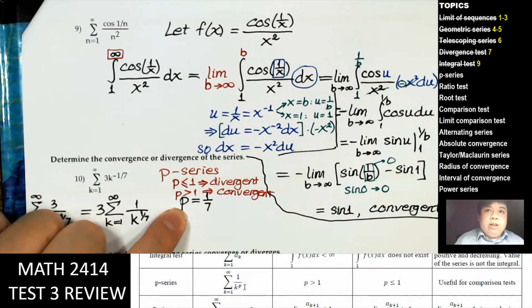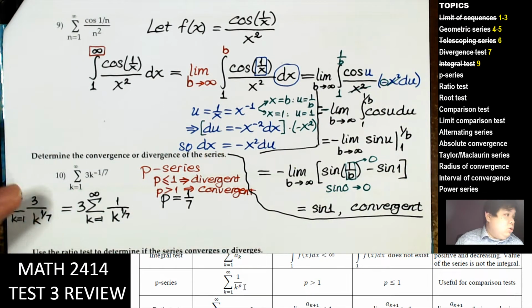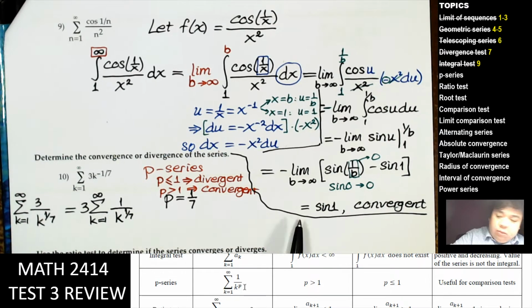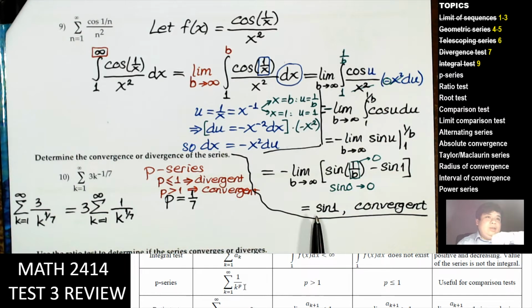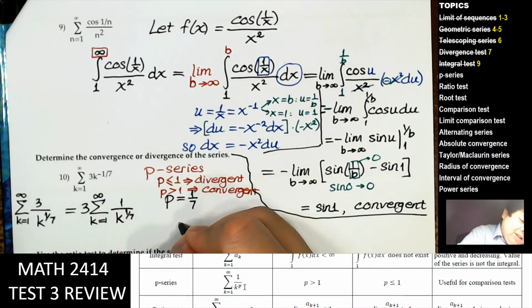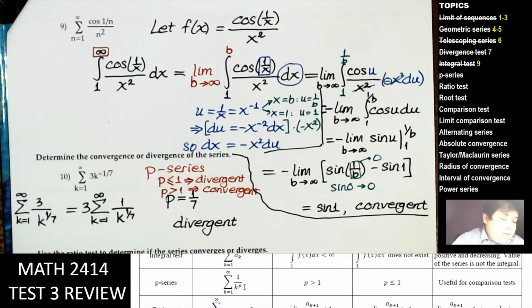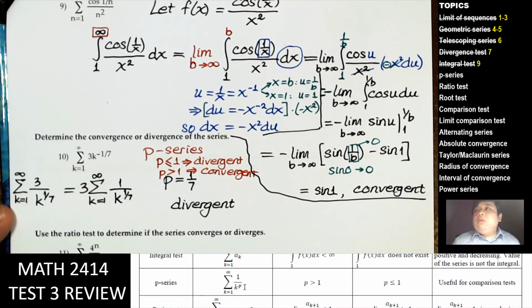Since this is P equal to 1 over 7, which is less than 1, this should be divergent. That's the P series.